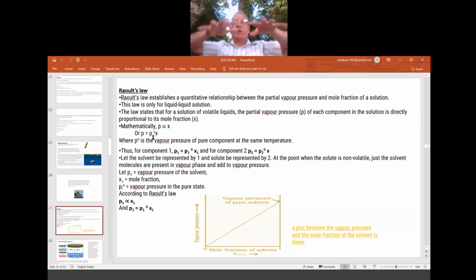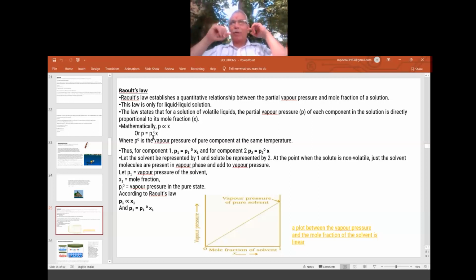A stage will come where the rate of evaporation becomes equal to the rate of condensation of the petrol. That is called equilibrium between the liquid petrol and the vapor petrol. When equilibrium is maintained, you measure the pressure using the pressure meter. All those apparatus are there in physics. You can see the mercury level, that is the vapor pressure of that liquid.